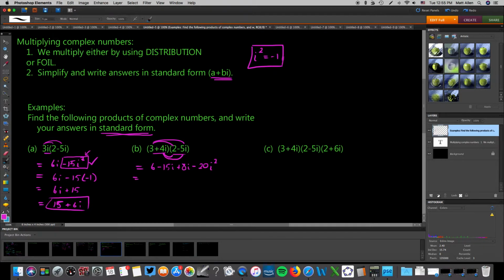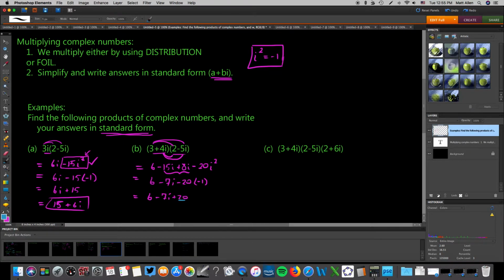So for complex numbers, when you're foiling them, there's always going to be a similar set of steps. The first one is to combine like terms with our i terms here. So -15 and a positive 8 give us a -7i. The other thing is, on the back, we're going to replace i squared with -1. So what we finally end up with is 6 minus 7i plus 20.